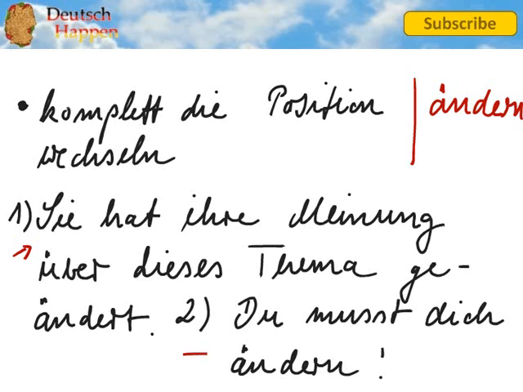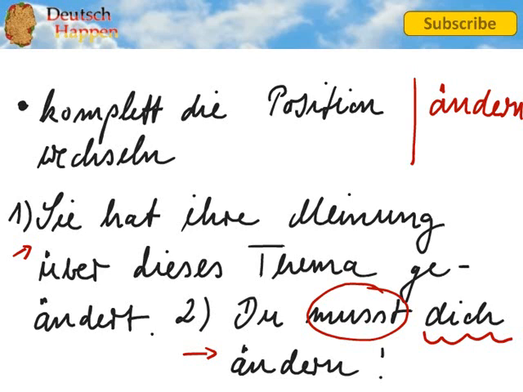My second example is du musst dich ändern. As you can see, you can also use it in combination with a modal verb, in this case müssen, must, have to. You must change, and I use the reflexive version. You must change literally yourself. So something about you has to change.